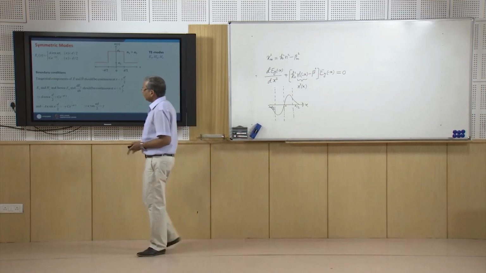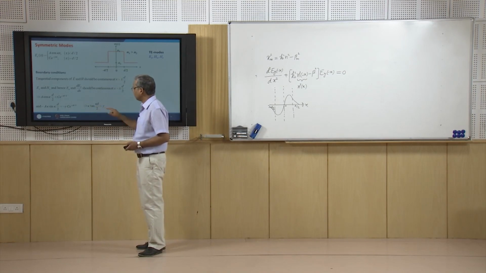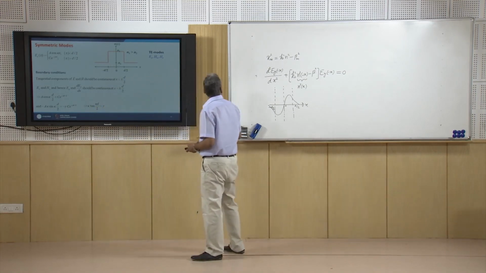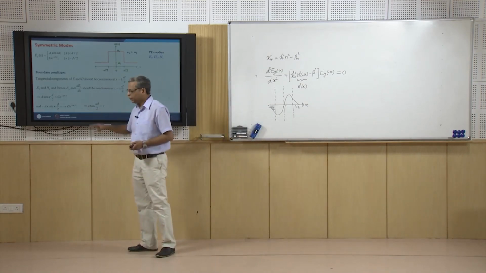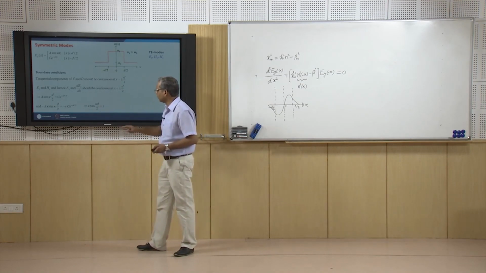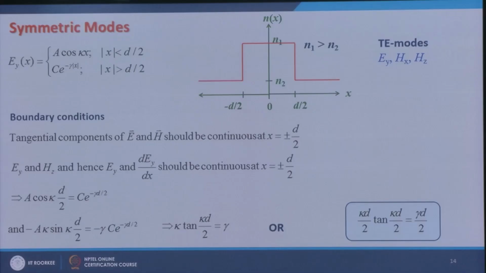If I divide this by this, I get kappa tan kappa d by 2 equal to gamma, and remember that kappa has dimensions of 1 over meter. So, I can make them dimensionless. I can multiply both sides by d by 2 and get kappa d by 2 tan kappa d by 2 equal to gamma d by 2.